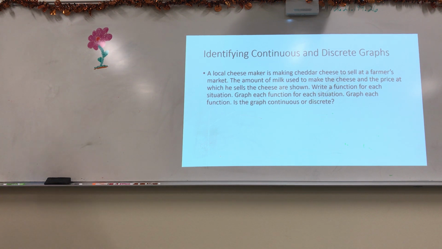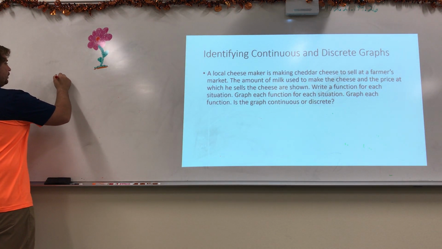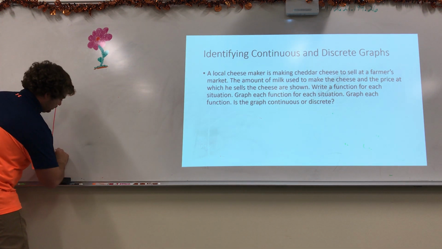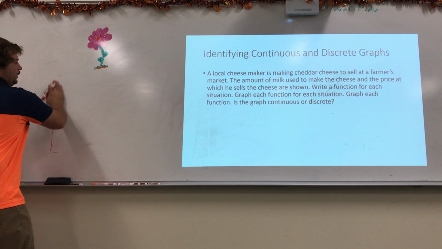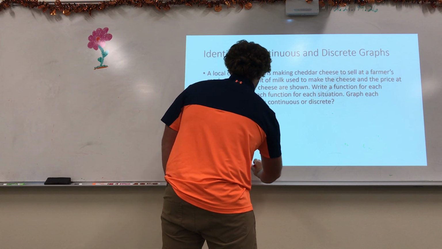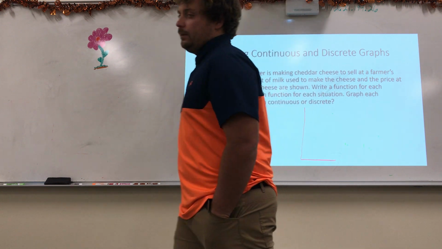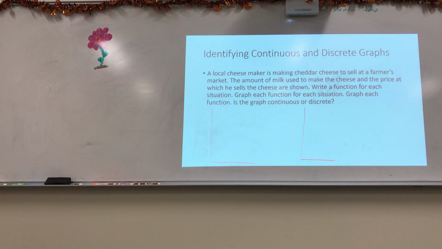So, my first one here, I'm gonna have one here, and I'm gonna have one here. Now, I have to make these two graphs. One being how many ounces I made, based off of gallons, and wheels sold and the amount of money.